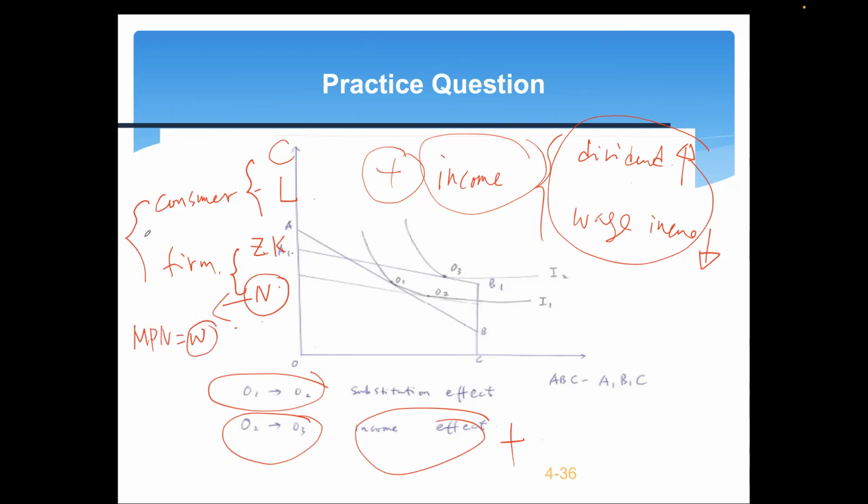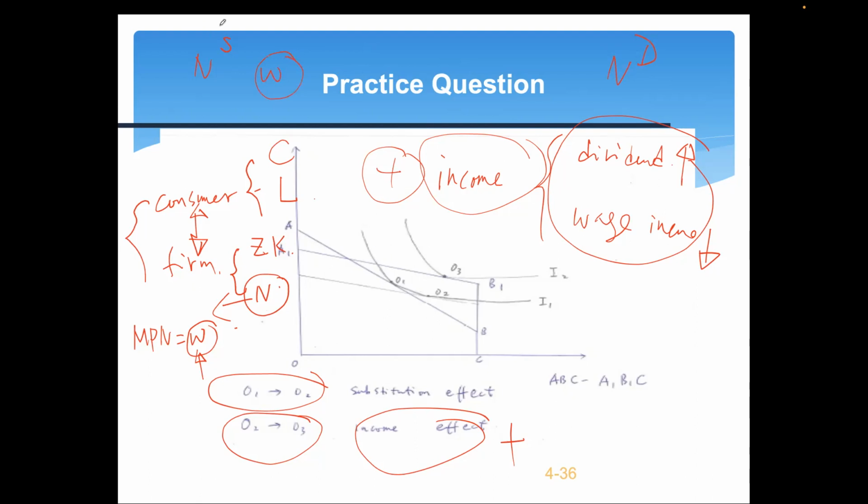And in the future, we are going to combine consumer and firm together. We are going to see what determines wage. But as a preview, it's very simple. Households are going to supply labor. Firms are going to demand labor. For households, wage plays a role, as these two exercises show.